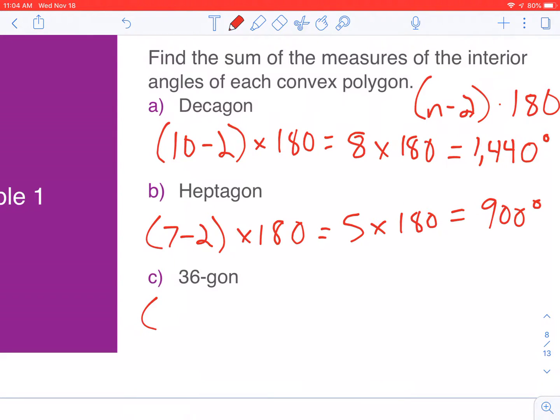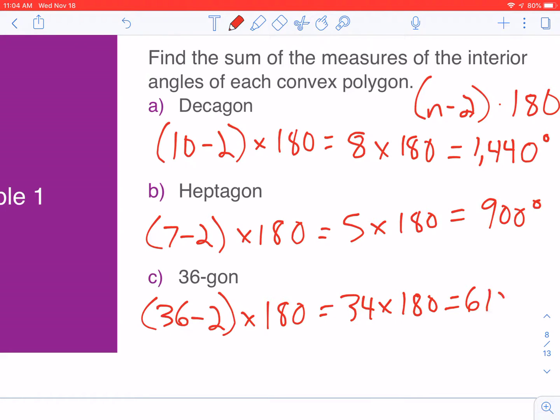And then our last one to practice, 36 minus 2 times 180 equals 34 times 180, which is going to be a big number, which will be 6,120 degrees. All right, so that's how you find the sum of the measures.